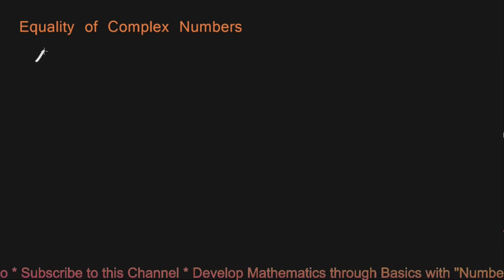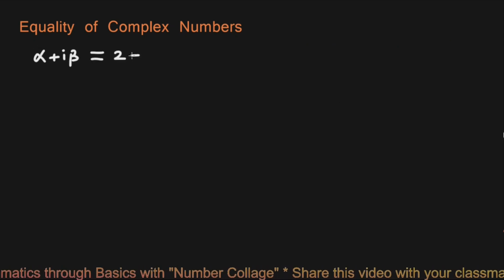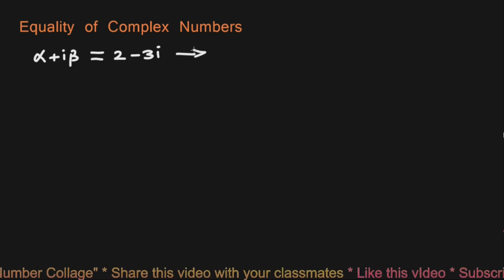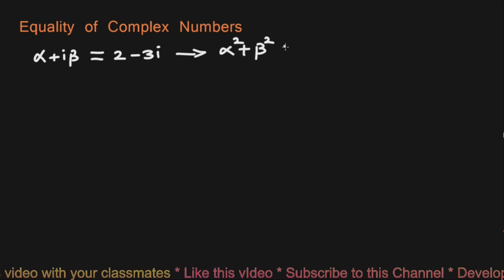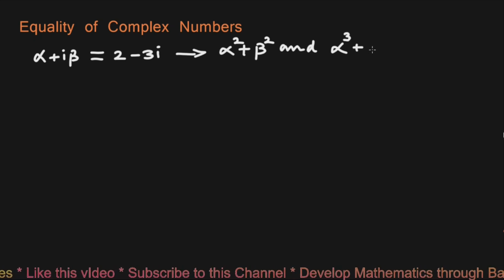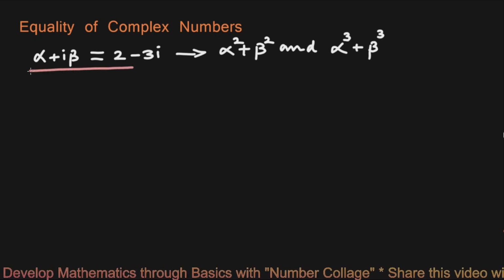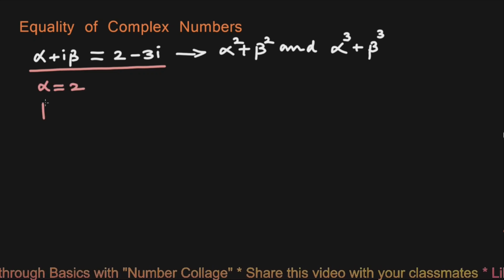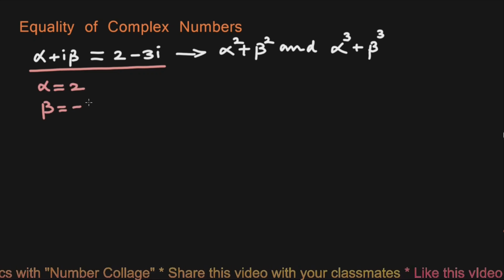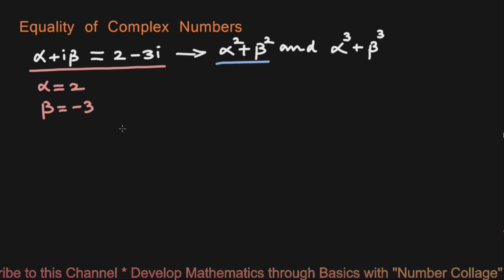If alpha plus i beta is 2 minus 3i, we have to find the values of alpha square plus beta square and alpha cube plus beta cube. Equating real and imaginary parts, we get alpha equals 2 and beta equals minus 3. We have to find alpha square plus beta square.